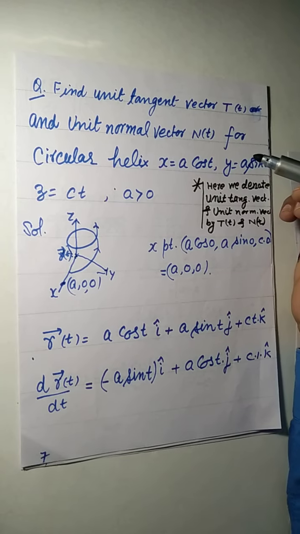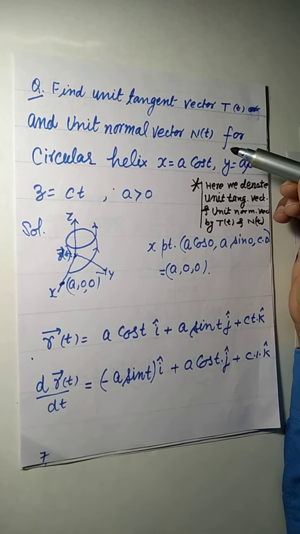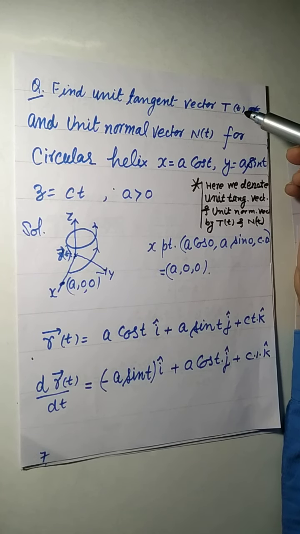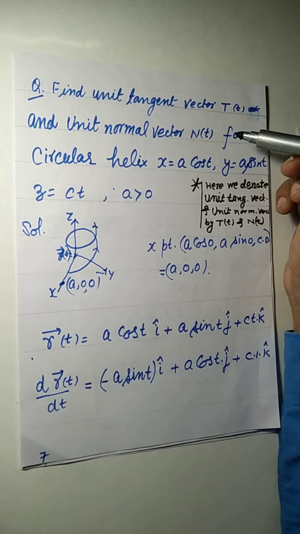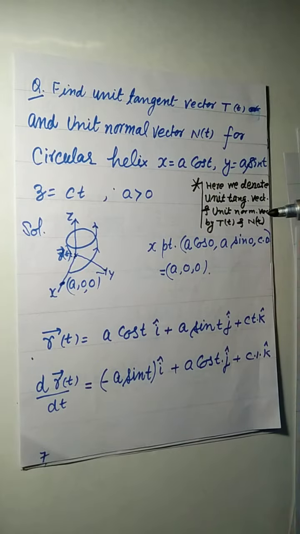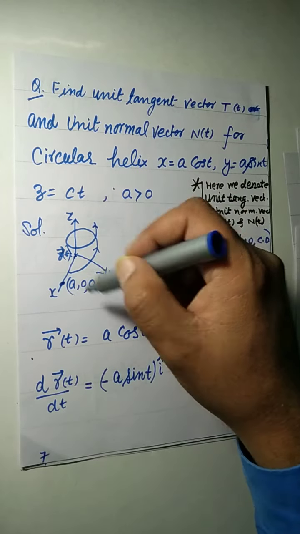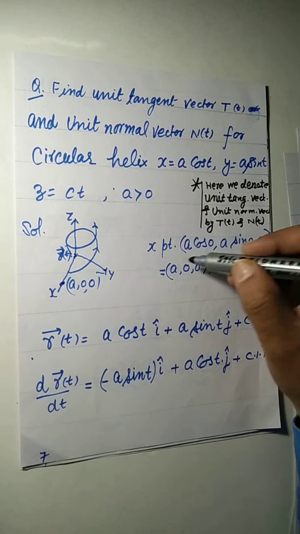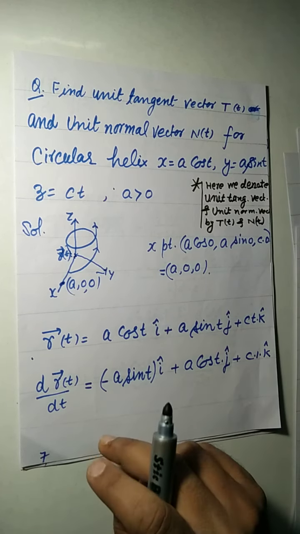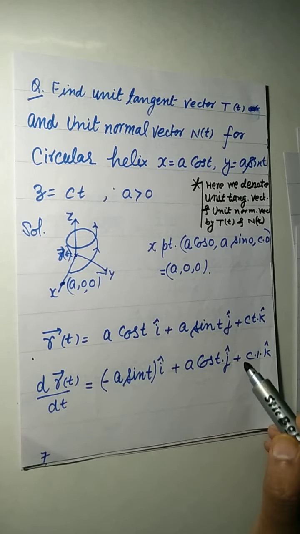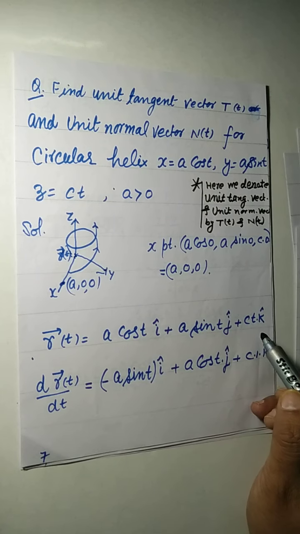These are some questions. We have an example. Find the unit tangent vector t(t) and the unit normal vector n(t) for the circular helix x equals a cos t, y equals a sin t, z equals ct, c greater than 0. This is a circular helix, and the point is (a, 0, 0). So let the position vector be a cos t i cap plus a sin t j cap plus ct k cap.